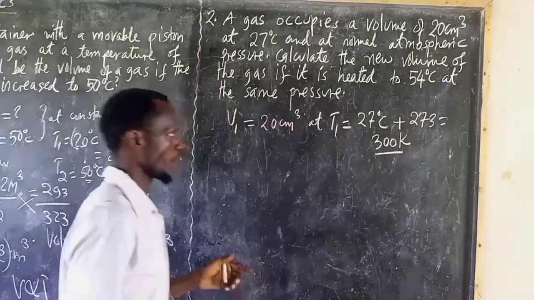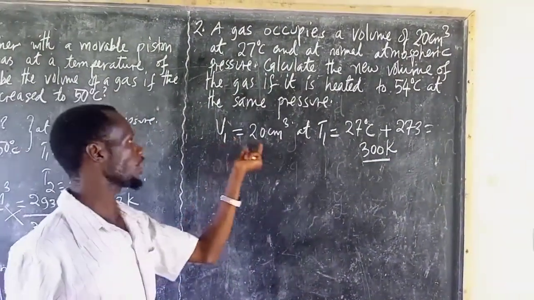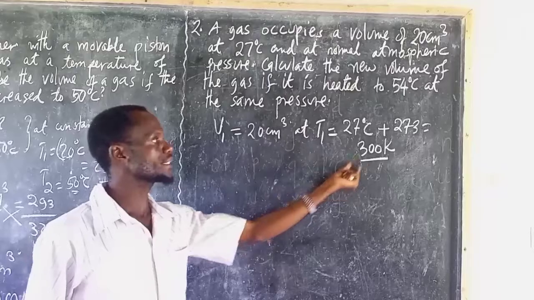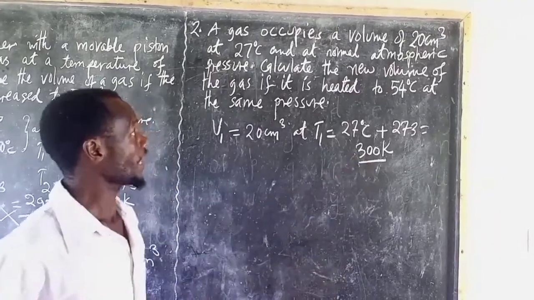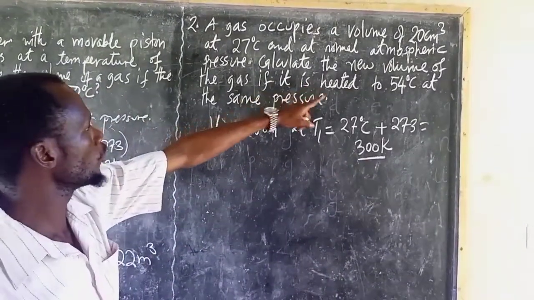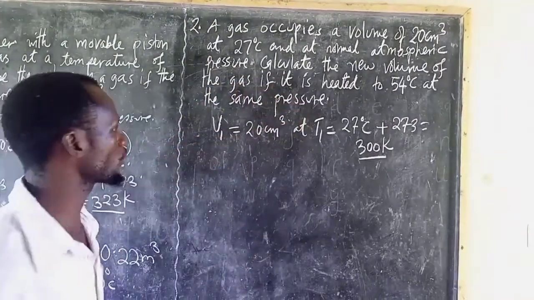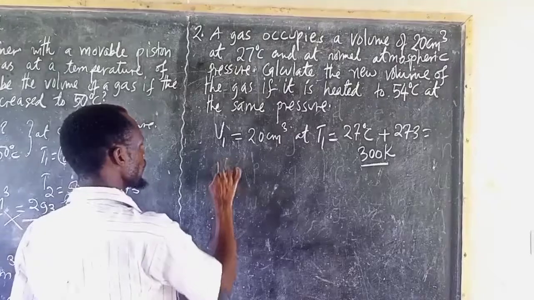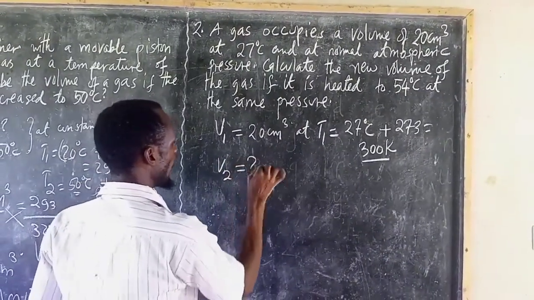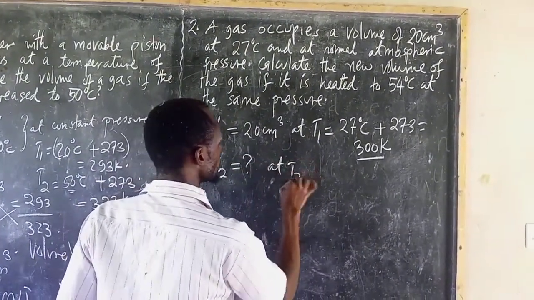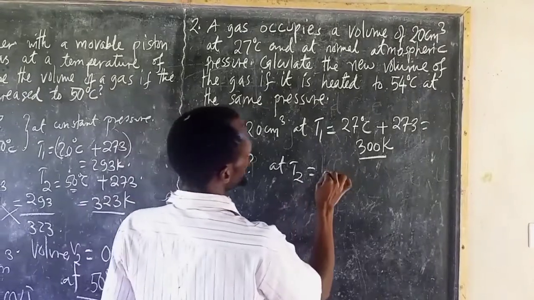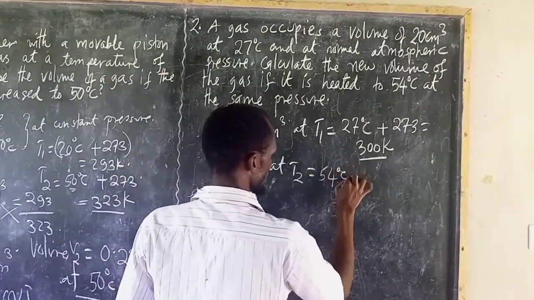Then calculate the new volume of the gas if it is heated. What will be the second volume at a temperature T2 of 54 degrees Celsius?